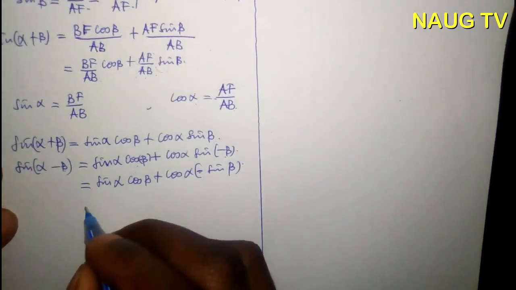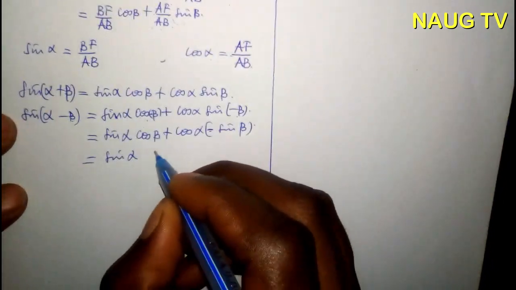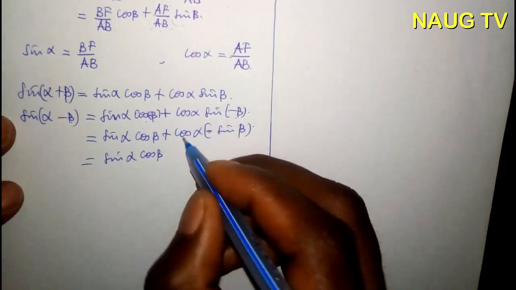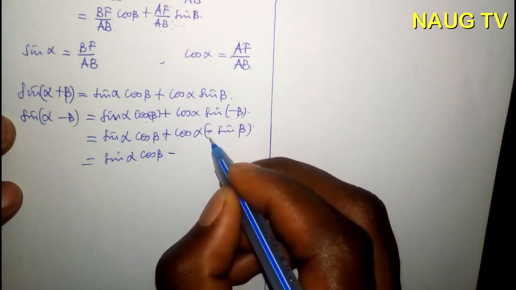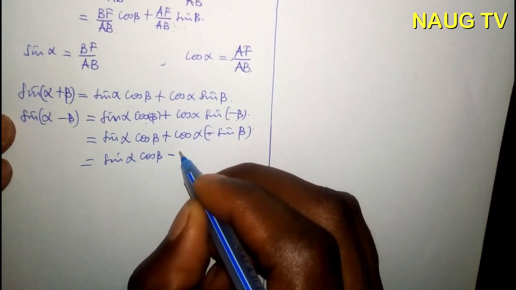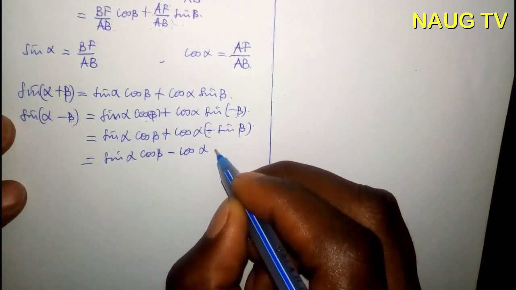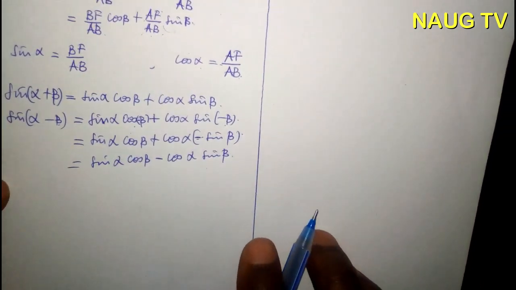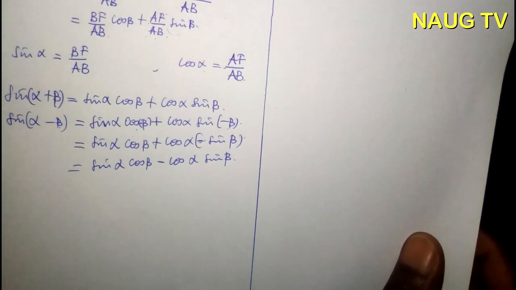So this would become sine of alpha cosine beta, negative, because of this negative obtained here, negative cosine alpha times sine beta. So I think this has also been proven.